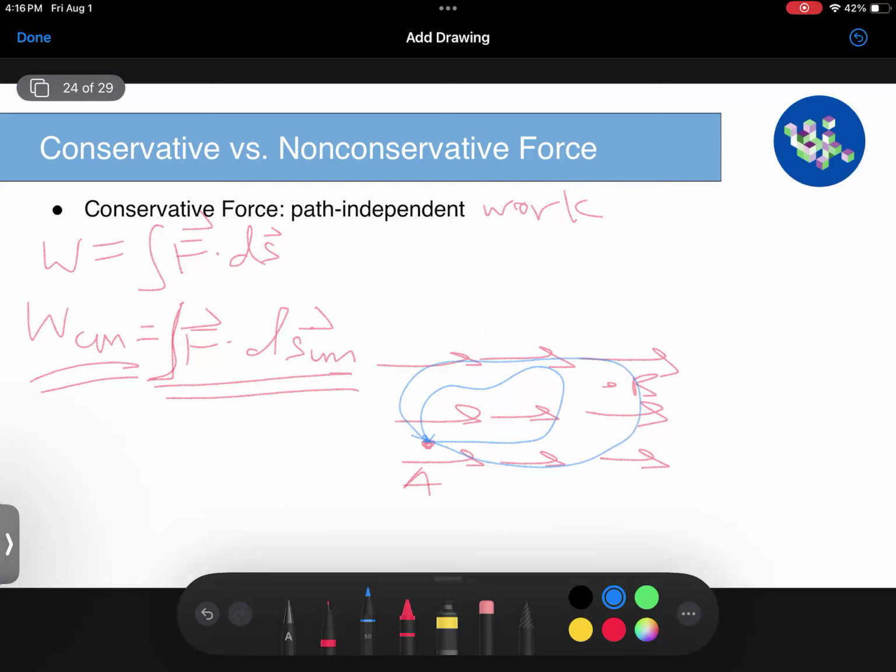If it takes a path that starts and ends at the same position, then there will always be zero work done. That's just another way of saying it's a path-independent force, it causes path-independent work. So we call it a conservative force. Does that make sense? That's just our definition of what a conservative force is. Yeah, let's quickly go on.